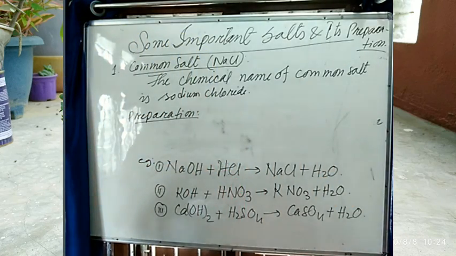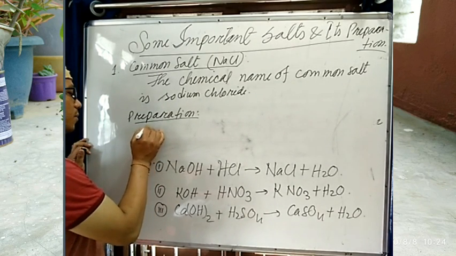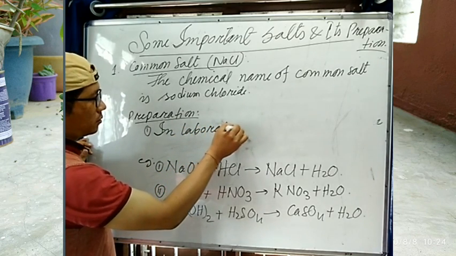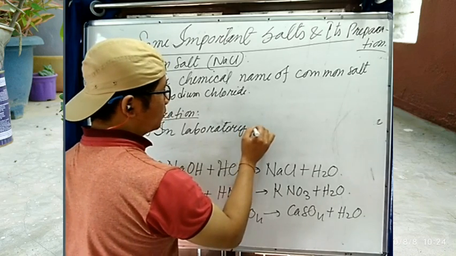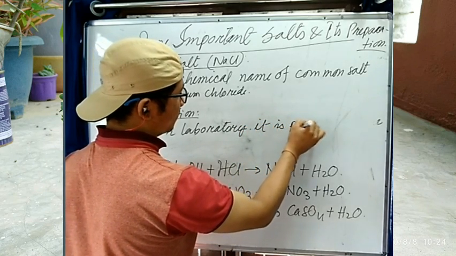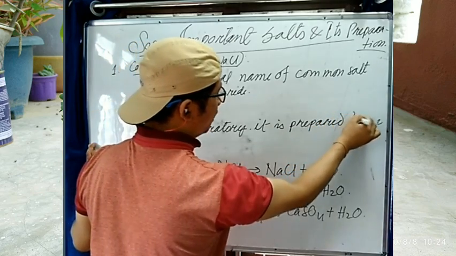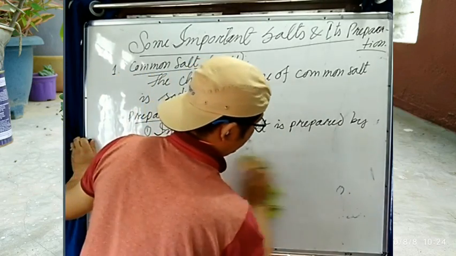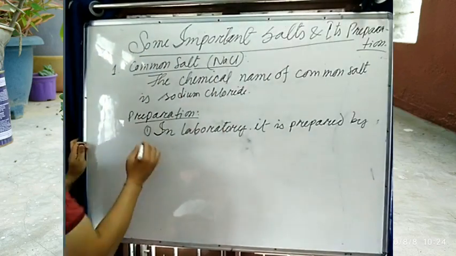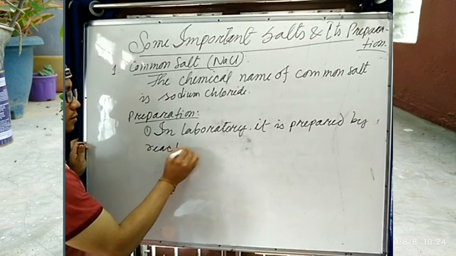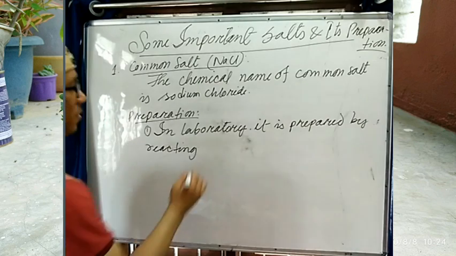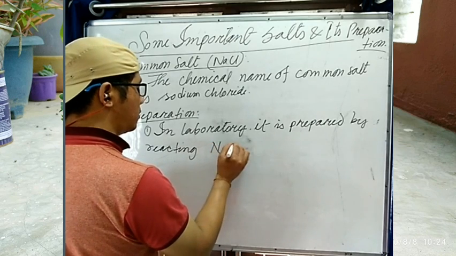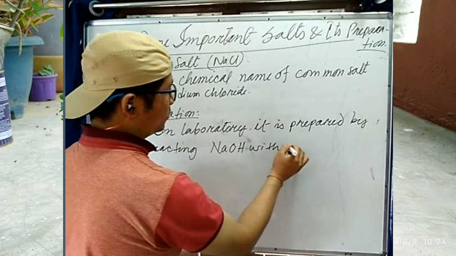In the preparation, number one, in the laboratory, it is prepared by reacting sodium hydroxide with HCl.